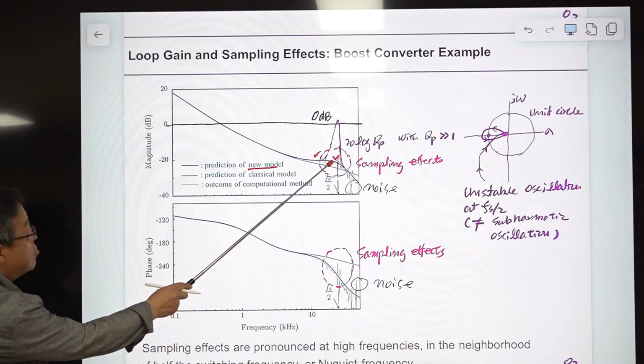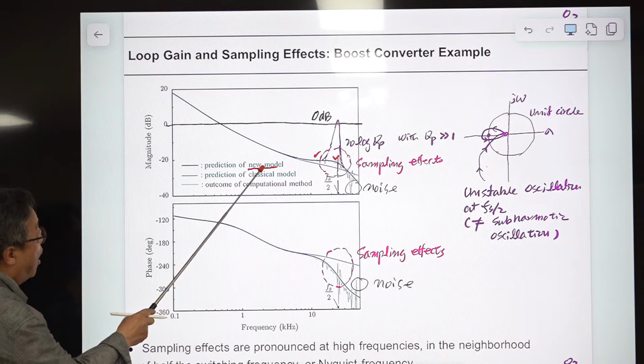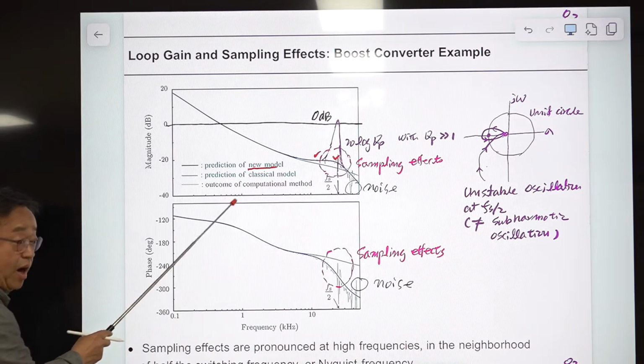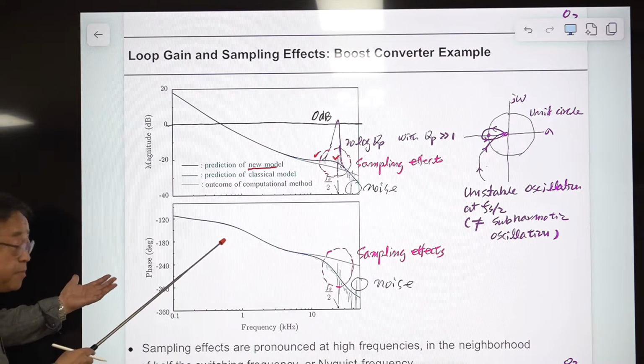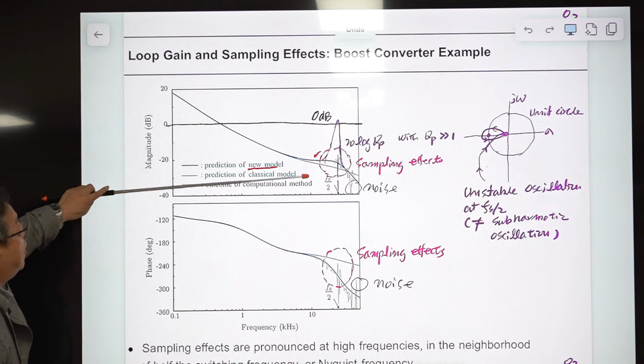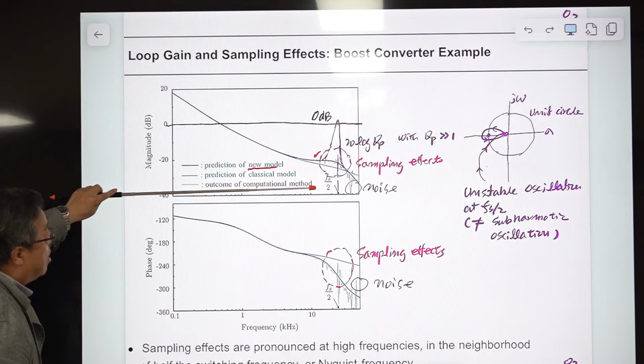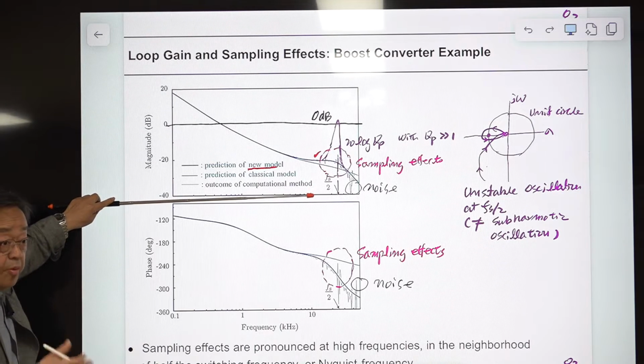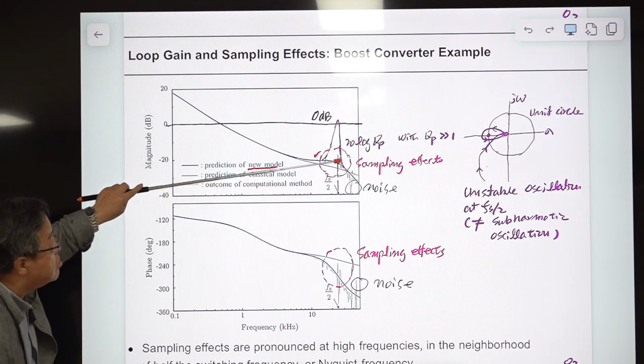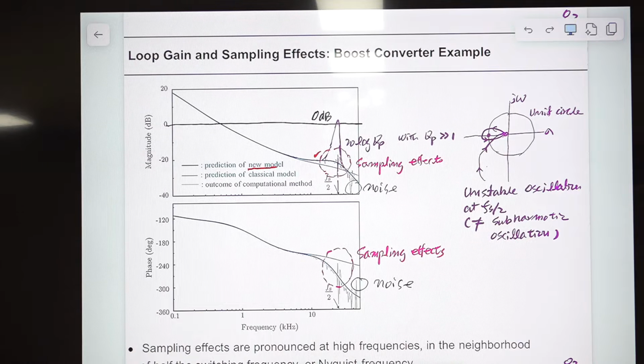So this is more accurate than the classical model. That is true. And the thin line, the computational method, is almost the same as the experimental measurement without the noise.